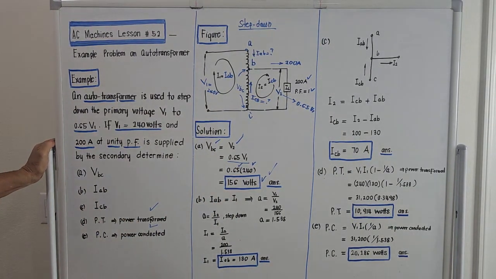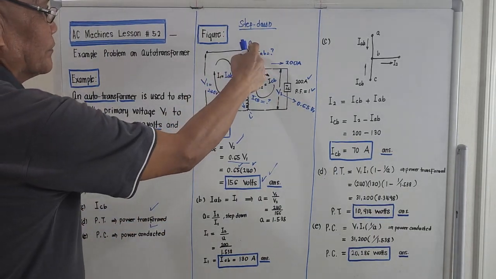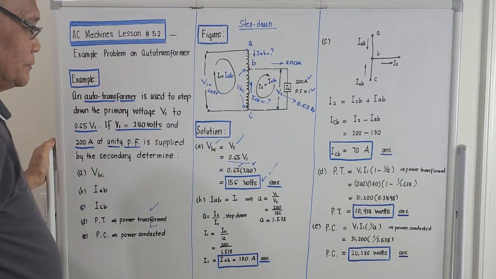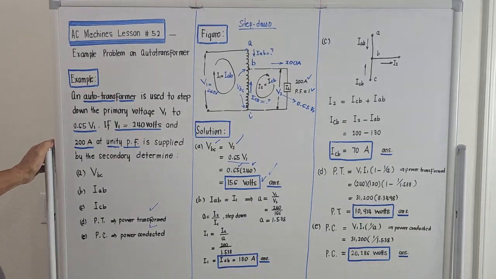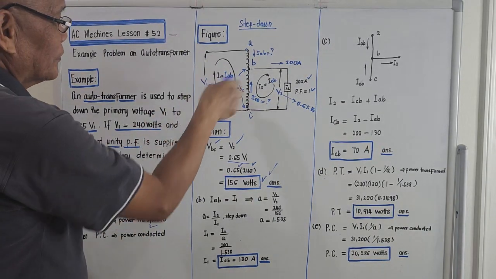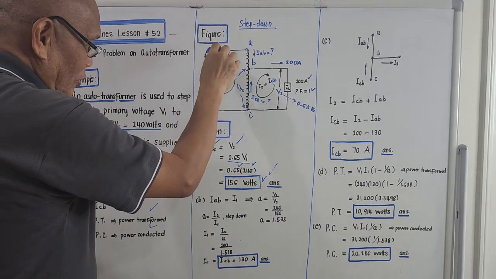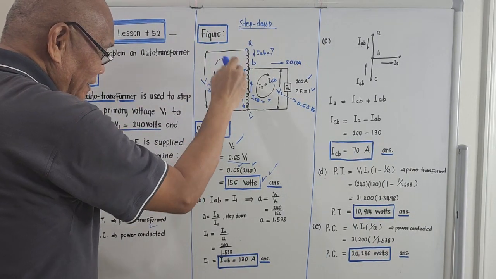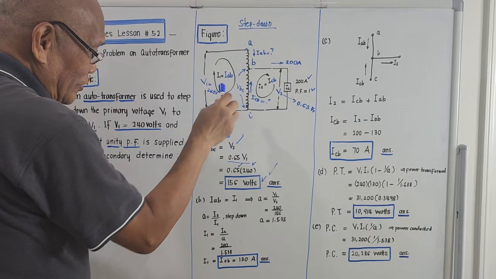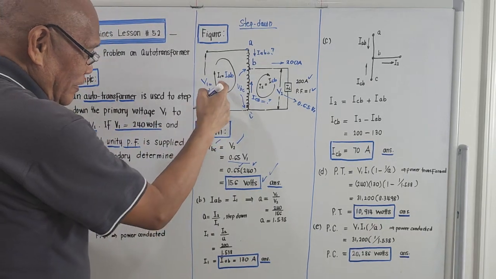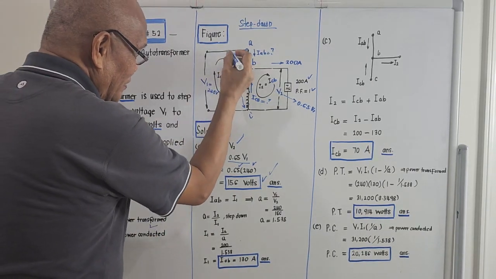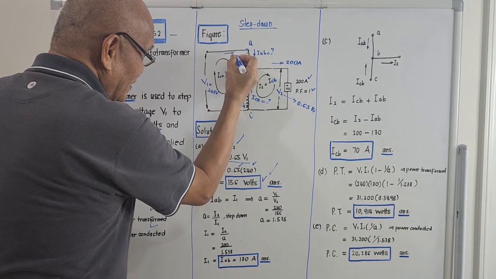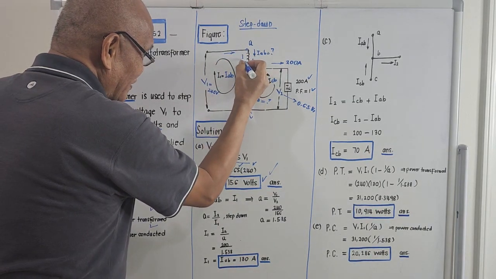Letter B: the current through AB, the current passing from point A to point B. If we look at the given figure, the current circulating on the left loop is I1. I1 is this one here, and it passes here.